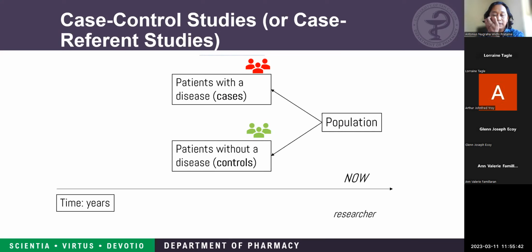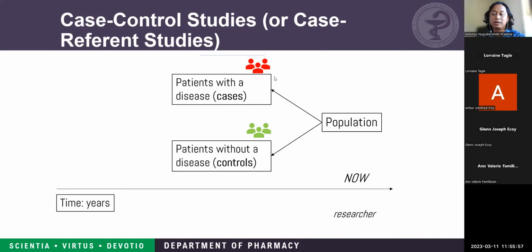So this is also the Moore diagram. Here we have the population, and then we have a clear definition of the cases.